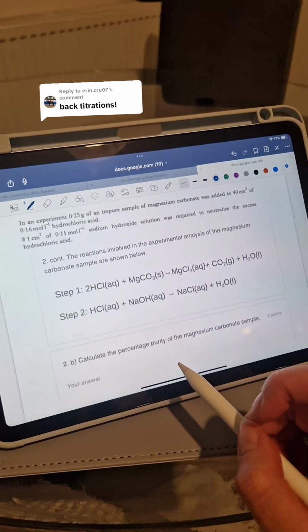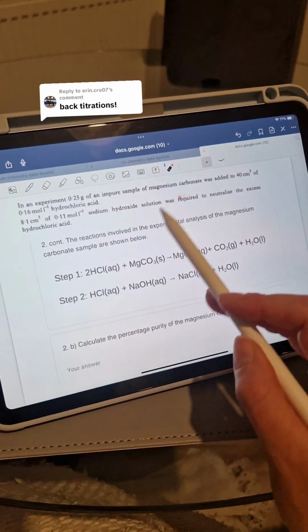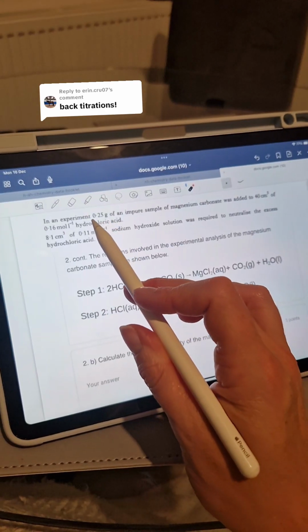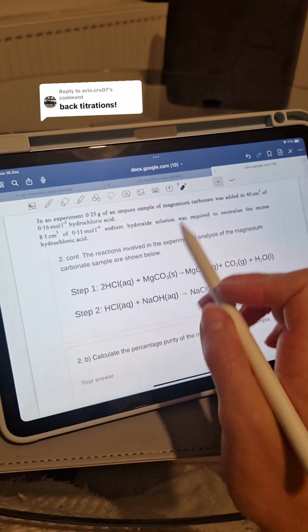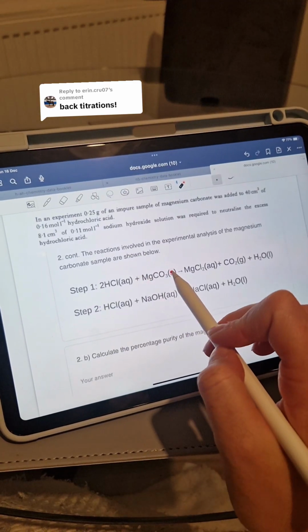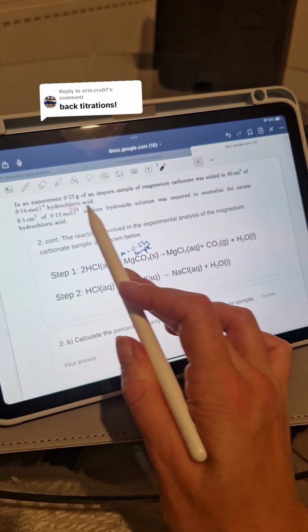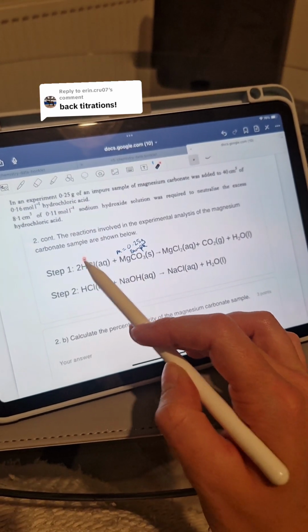My advice for starting any calculation in chemistry is to take the numbers you're given in the question and write them above the reactants in the reactions. So we're told there's 0.25 grams of an impure sample of magnesium carbonate. Magnesium carbonate is here, so I'm going to write that mass above it. We then have a volume and concentration of hydrochloric acid for this reaction, so I'm going to write that above here too.